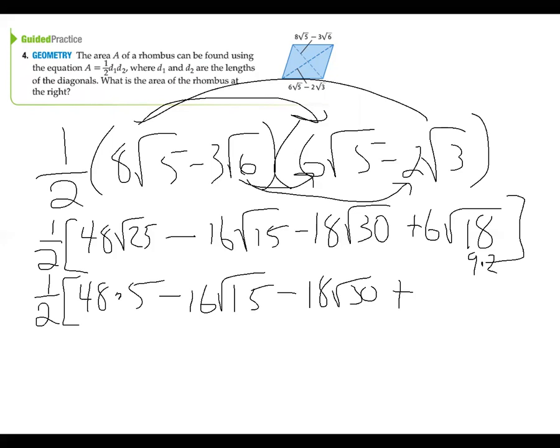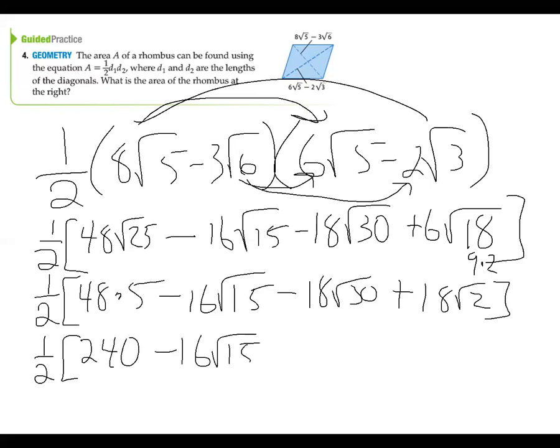Square root of 9 is 3, multiplies the 6, gives you 18 square root 2. Okay? So this would be 1/2 240 minus 16 square root 15 minus 18 square root 30 plus 18 square root 2.